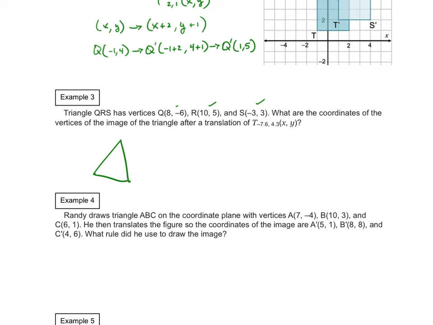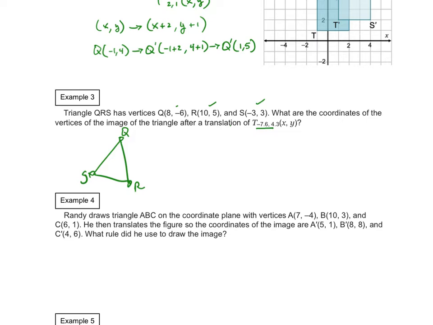I could draw a graph, or I could just accept that these are the points, whatever they may be, Q, R, S. And it says, what are the coordinates of the vertices of the image of the triangle after the translation? And they've given me a translation right here. Now, I don't need to put this on a graph. I can just go ahead and do the math here.